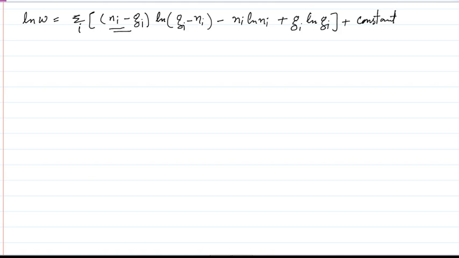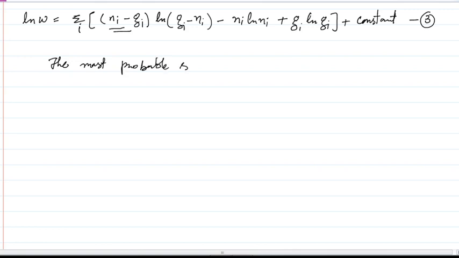So we will get this relation. So suppose this is equation number 3. Now the most probable state can be simply found by making the W as maximum and making its differential equal to 0.